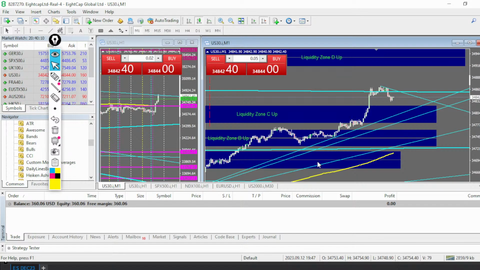Price is at a level where it could turn around. If the price goes sideways for a while, breaks down, could look for a short. It's already 20 minutes to 2.